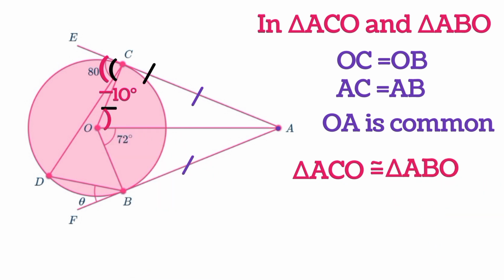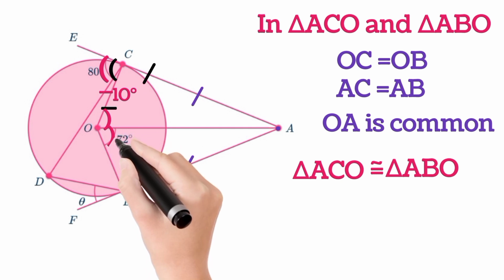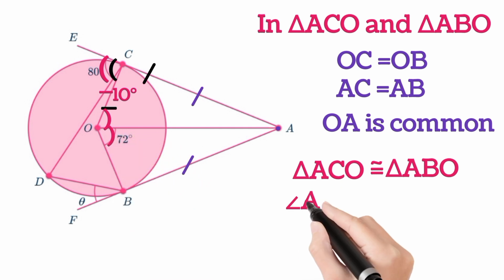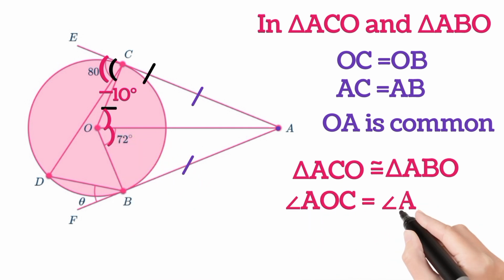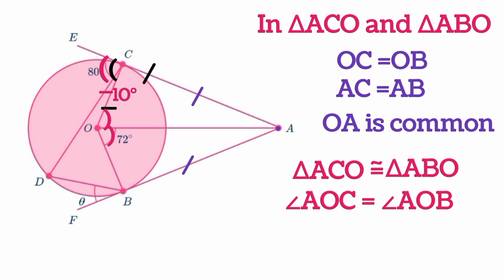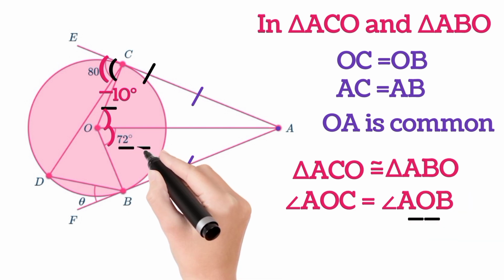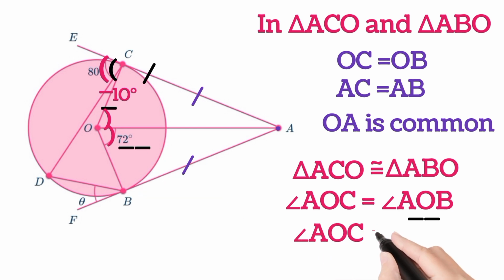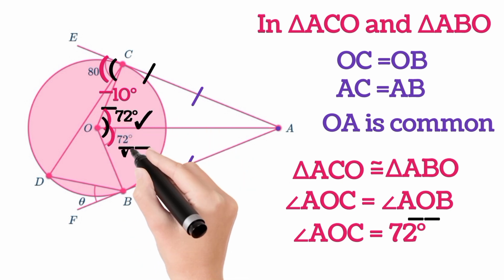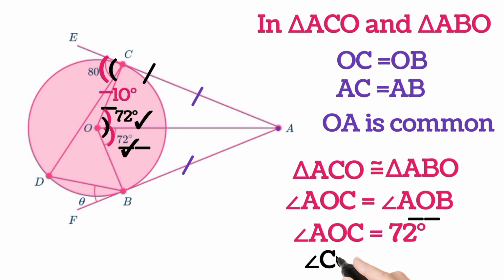So this angle will be equal to this angle, that is angle AOC is equal to angle AOB. AOB is 72 degrees. So angle AOC is equal to 72 degrees. So this is 72 degrees. Now this total angle will be this plus this, that is angle COB is 144 degrees.